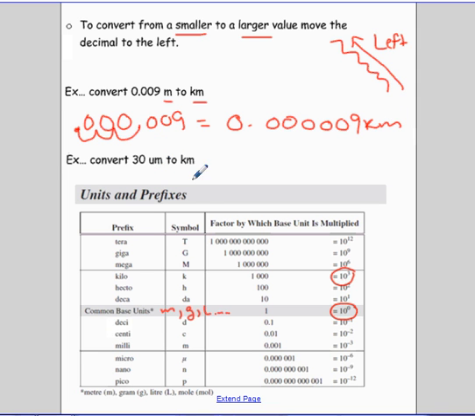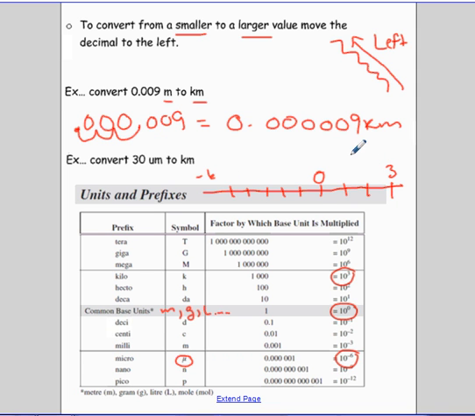30 micrometers to kilometers. This time we're starting at micro, which is times 10 to the minus 6, and we're converting to kilo, which is times 10 to the 3. If negative 6 were here and positive 3 were here, the difference between them would be negative 5, negative 4, negative 3, negative 2, negative 1, 0, 1, 2, 3. How many total spaces is that?